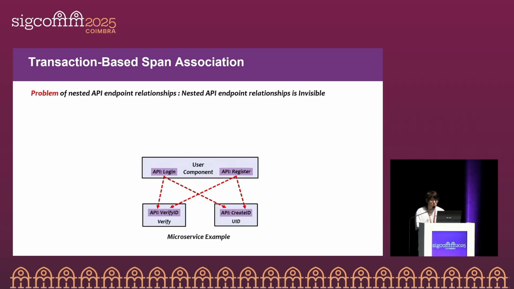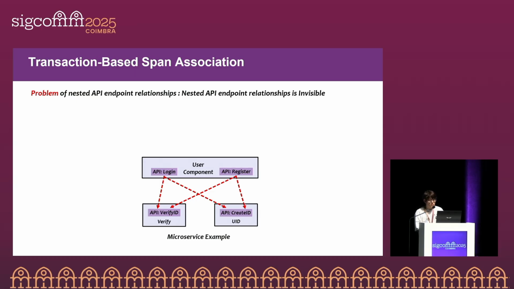To build a transaction-based span assertion method, we first need to infer the transaction types of spans. We need to solve two problems. First, the nested API relationships are determined by the internal application logic within the service. Because of interdependency between APIs, requests involving nested APIs typically co-occur.